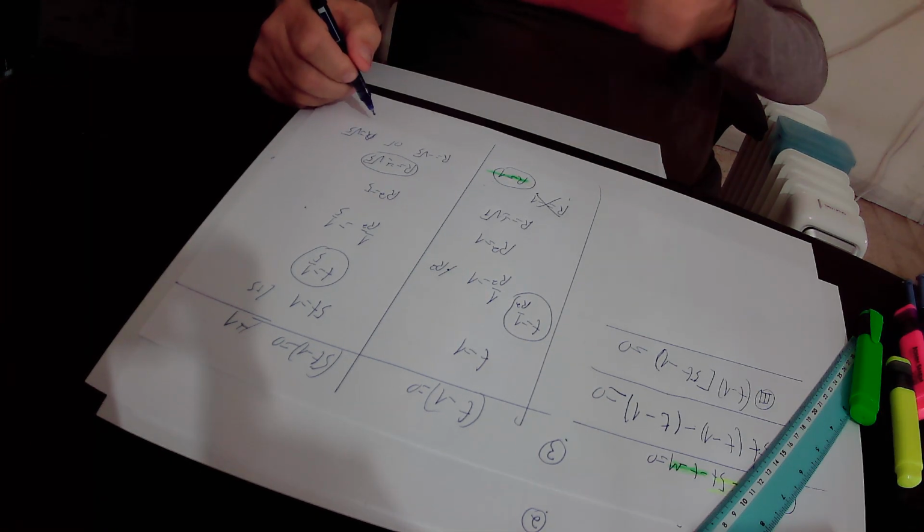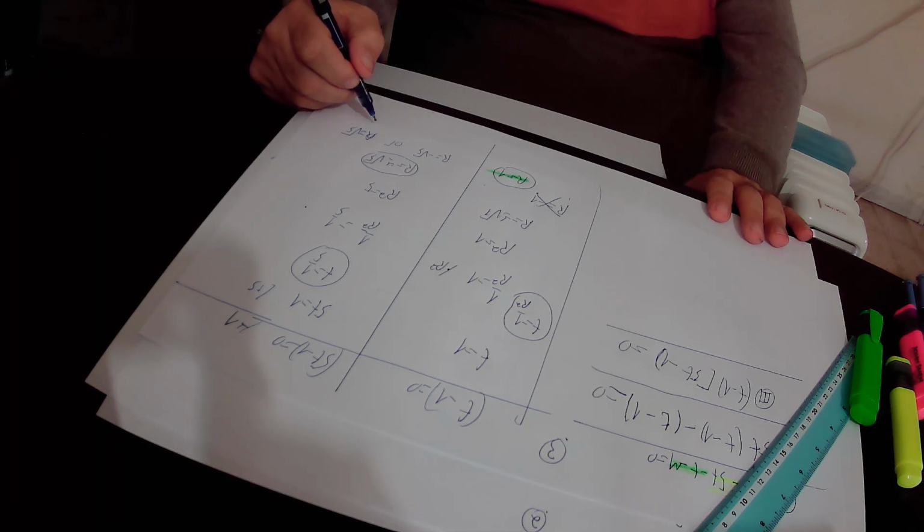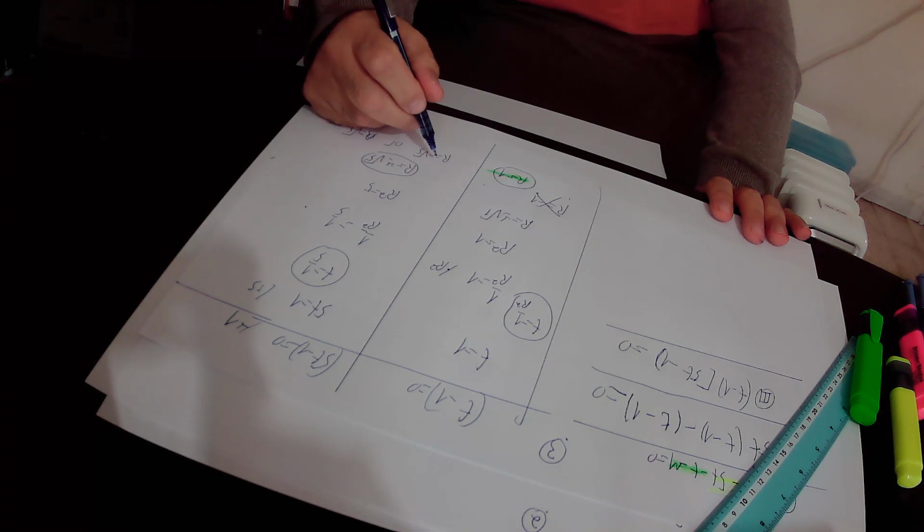Again, because r is a length, and a length must be a positive number, the possibility that r equals the negative square root of 5, that is a negative number, is not correct.